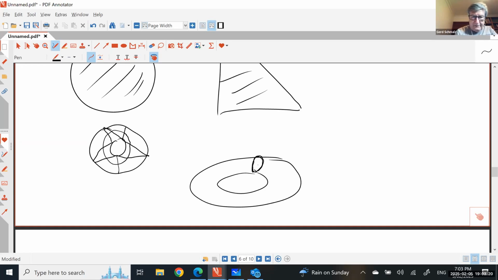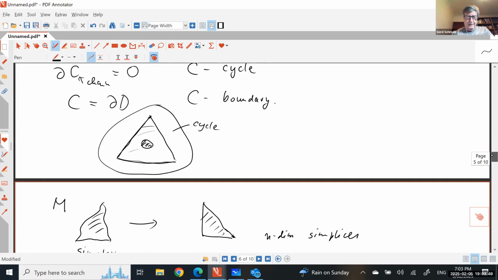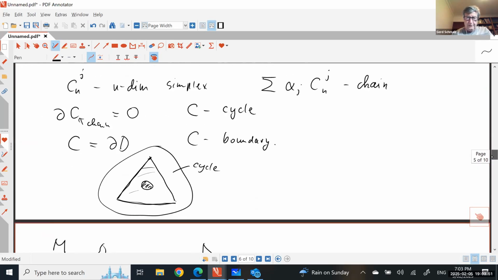And we also have cycles which go round this way, maybe on the top of the donut, on the surface of the donut. And again, there is no way we can fill this in with some disk on the surface of the donut. So here we have actually cycles which are not boundaries.